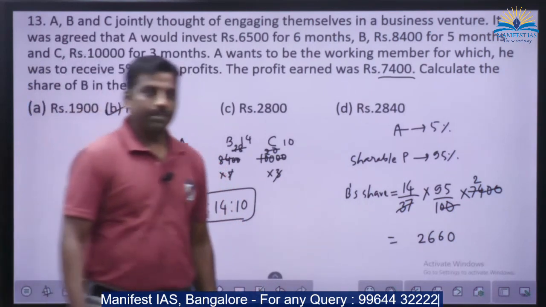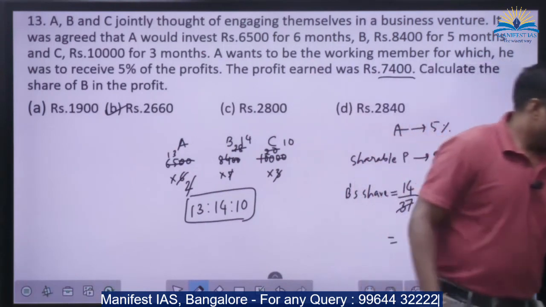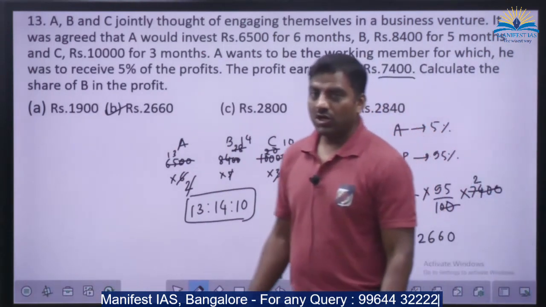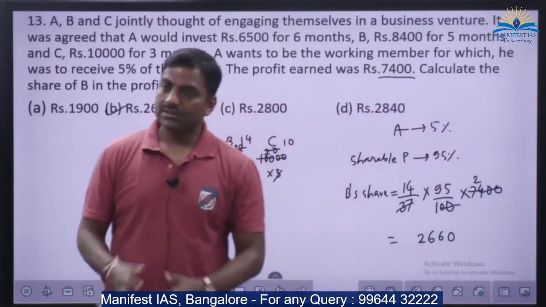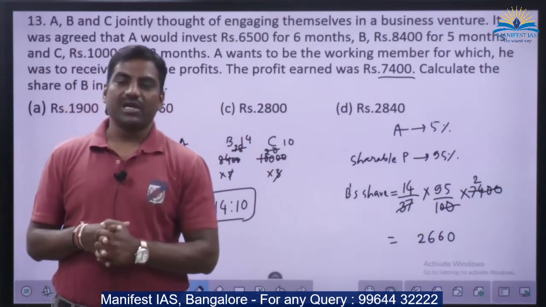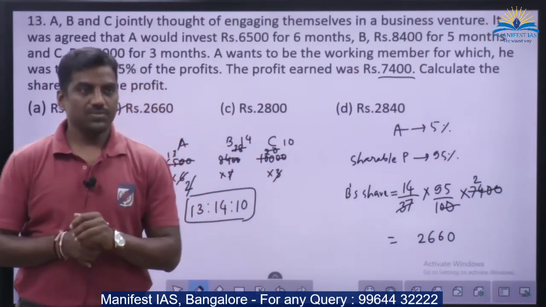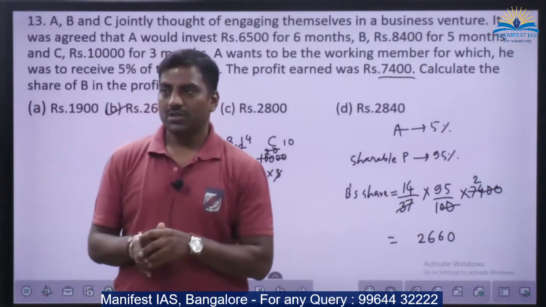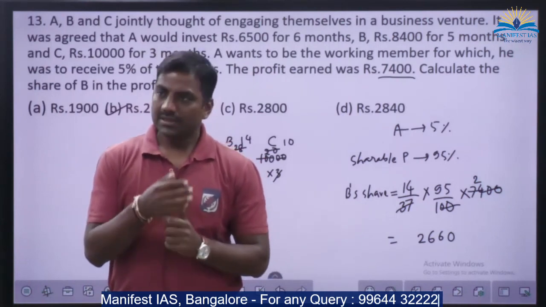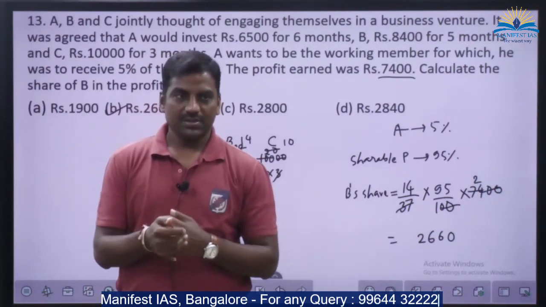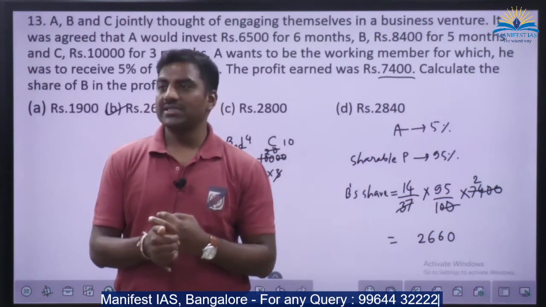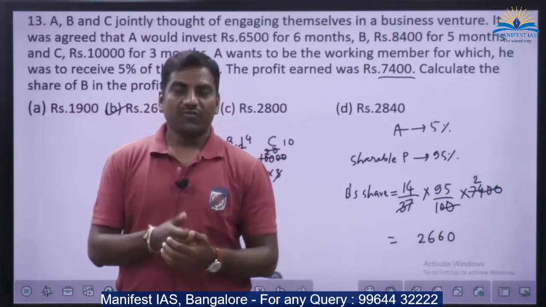Done? Yeah. So tomorrow we'll take profit and loss. So in profit and loss, again, whatever the concepts that we have learnt, especially percentage, ratio and proportion, and even up to some extent, mixtures and allegations. Like, we use all these into the profit and loss.